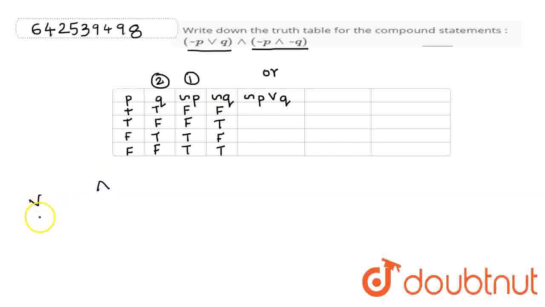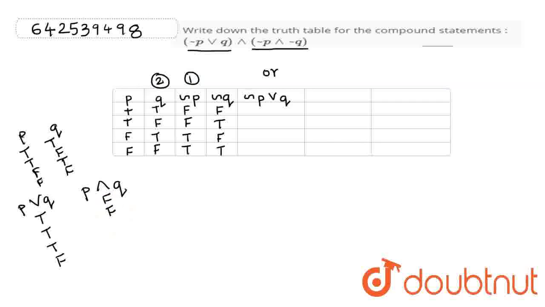Suppose we have P and Q, so this will be T, T, F, F and T, F, T, F. When you do P or Q, T and T becomes T, T and F also becomes T, F and T also becomes T. Only the last condition, F and F, gives you F.